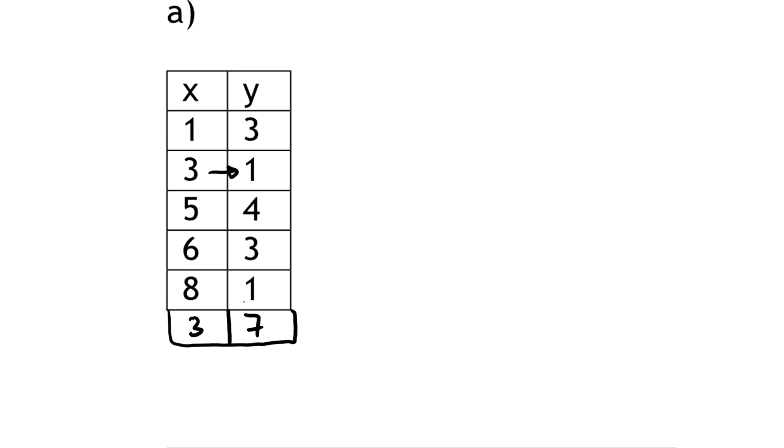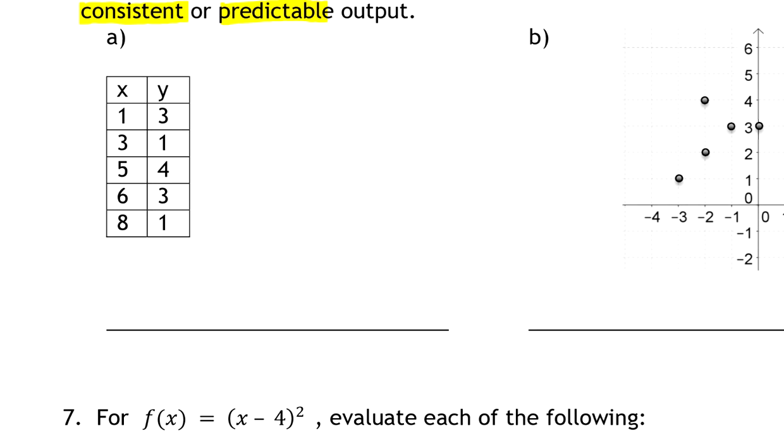Well, this is no longer a function because you can see this input 3 sometimes produces 1, and sometimes it produces an output of 7. So that's not a function. But this, as it is, is clearly a function because all the inputs are consistent and predictable, you can predict what the output is each time. So this is a function.